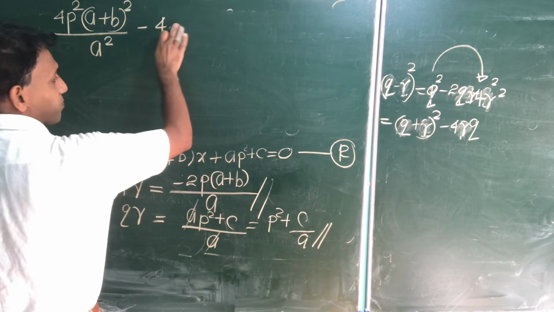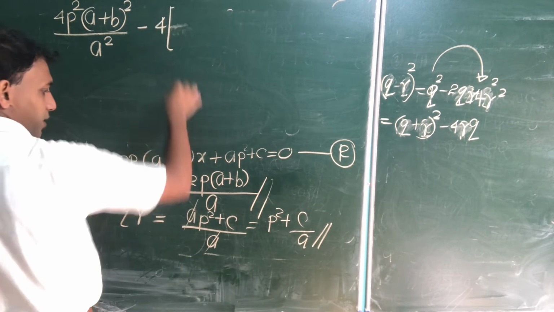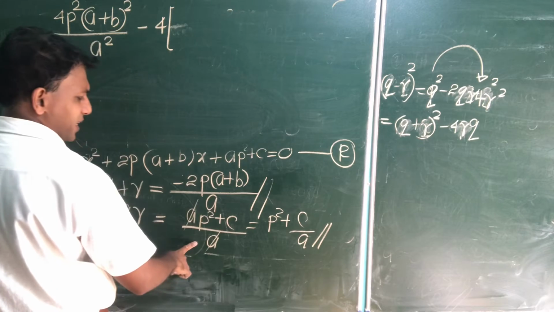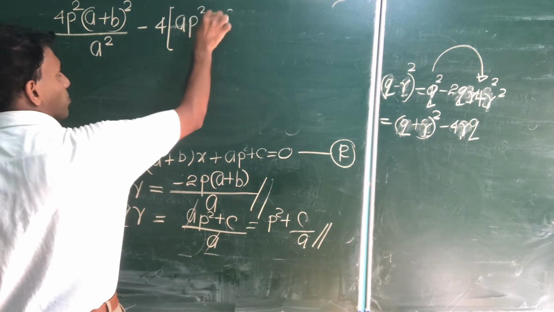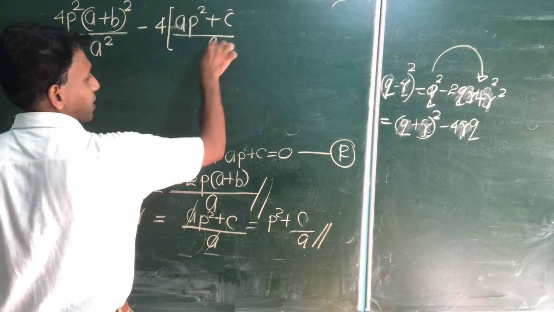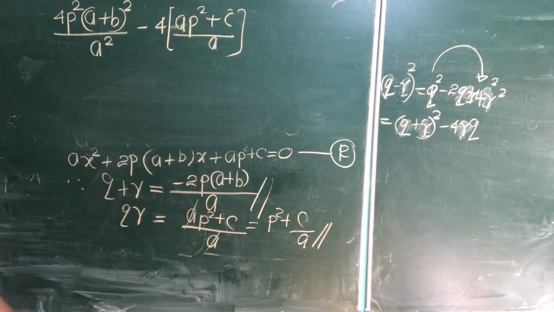Here you have 4 into qr. You write this or write this, whatever. I can write this one, p square plus c over a, right? This is the q minus r square, right? Q minus r all things square is this.